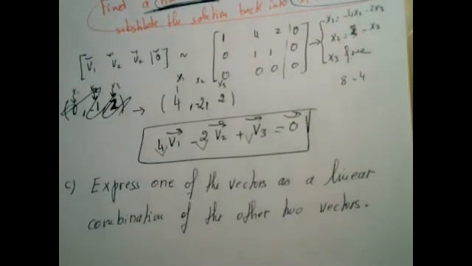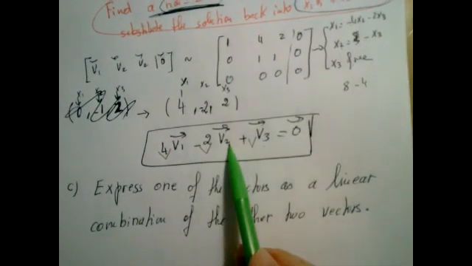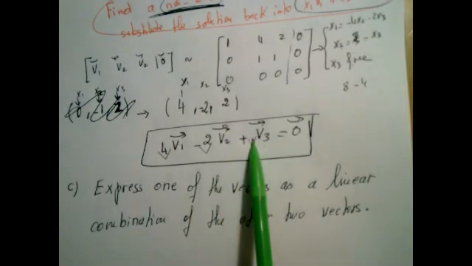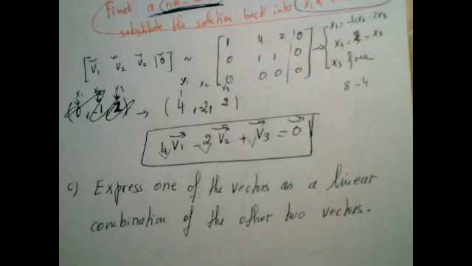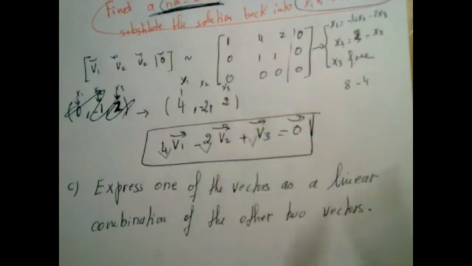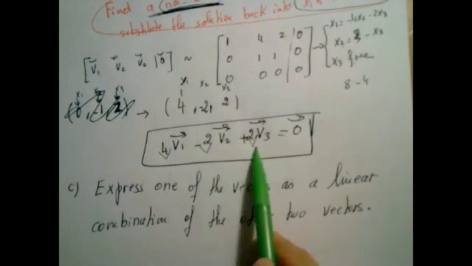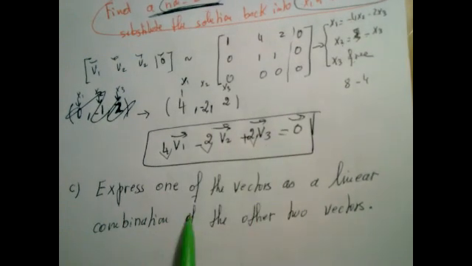So now my question is, can you use this linear dependence relation to express one of the vectors as a combination of the other two? Now that I found this relationship between them, can you express one of the vectors as a combination of the other two?